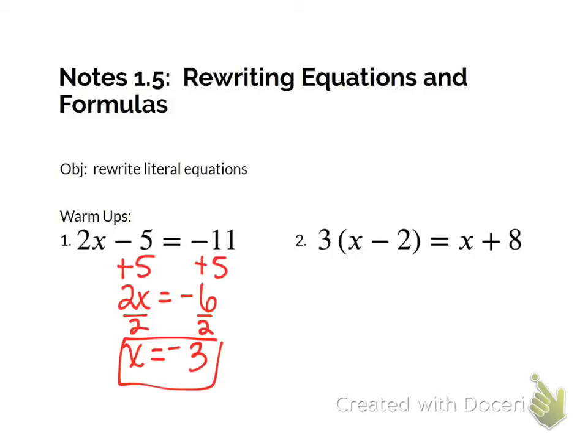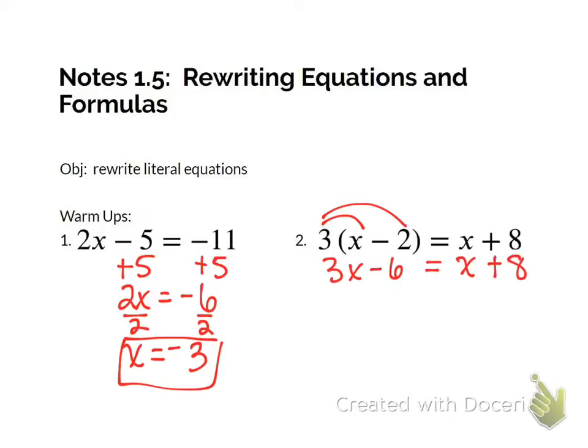Okay, on number 2. Who can tell me my first step? Very good. We need to distribute that 3 into those parentheses first. When I distribute, what do I get? Minus 6. Still equals 8x plus 8.